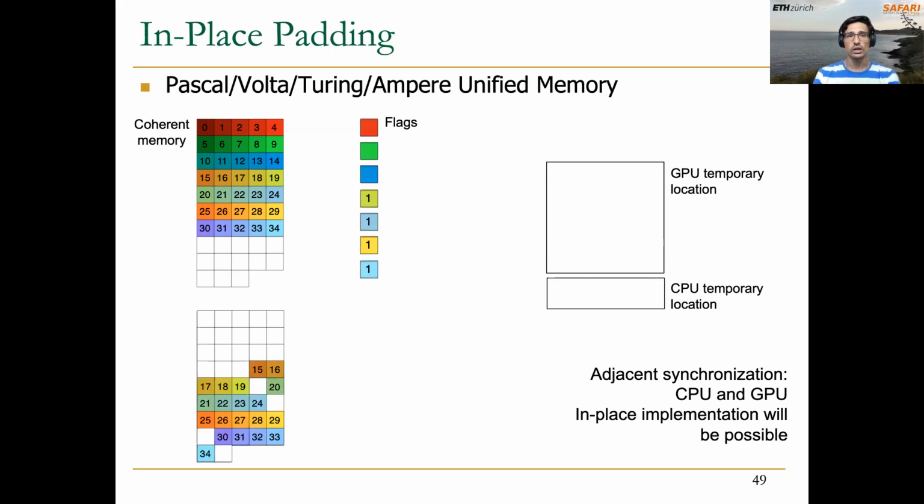This is how we are going to perform the whole operation: as CPU threads or GPU thread blocks save the data of one row into the temporary location, they can update the flags, and then they can write into the final destination. So this adjacent synchronization using system-wide atomic operations makes possible an in-place implementation of, in this case, the padding primitive.